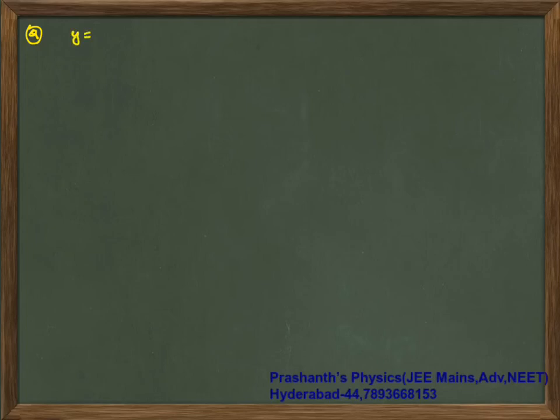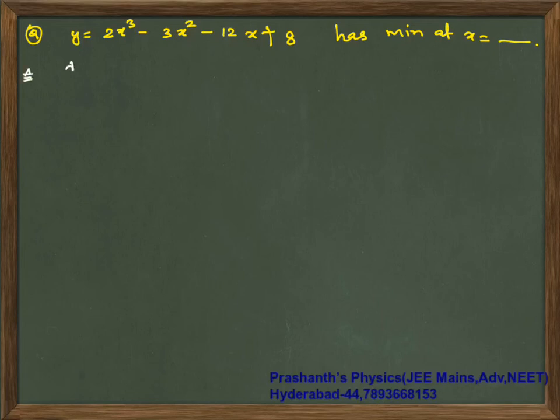Next is y is equal to 2x cube minus 3x square minus 12x plus 8 has minimum at x equal to dash. This is your question. Now dy by dx is d by dx of 2x cube minus 3x square minus 12x plus 8.